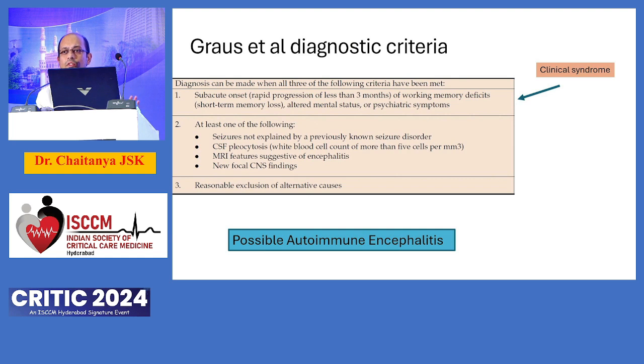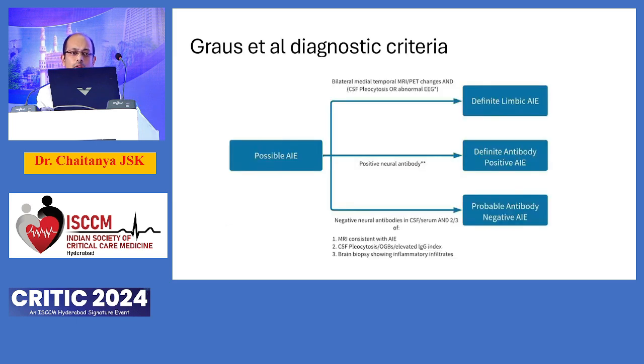Second, you need to establish there is some inflammation causing this clinical syndrome. You identify that by either CSF abnormality or MRI abnormality or focal CNS findings. Third is a reasonable exclusion of alternative diagnoses. So when you meet these criteria, you can start evaluating and managing them as a possible autoimmune encephalitis patient.